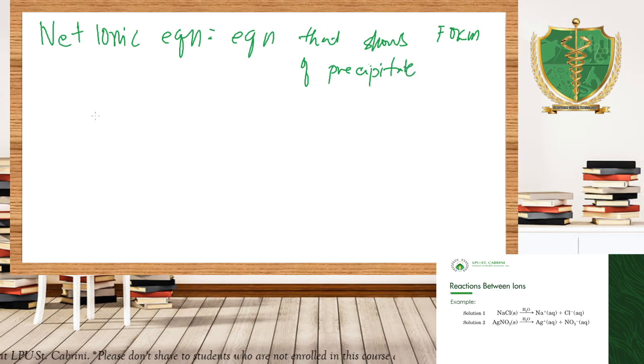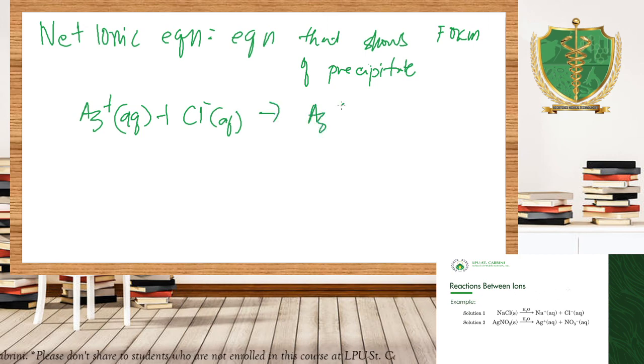So in that case, our net ionic equation will be silver plus chlorine will give you silver chloride.